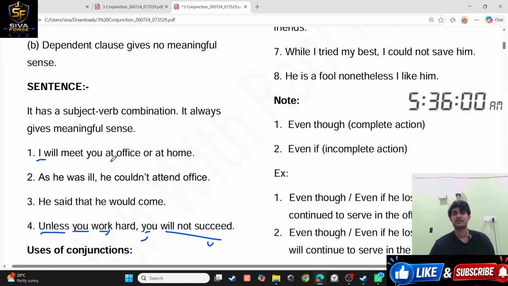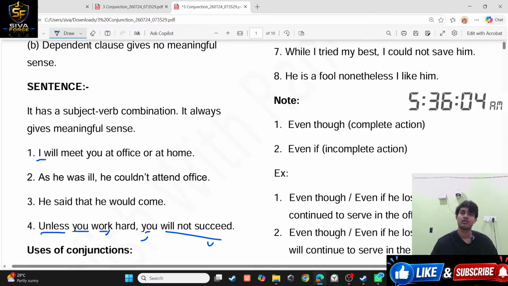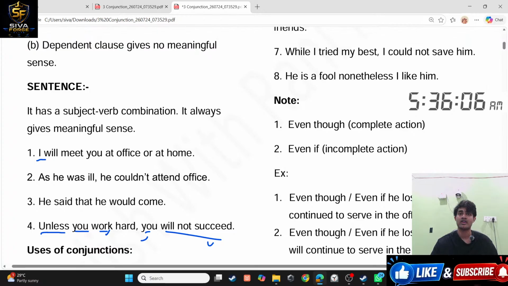Now, the use of conjunctions. Before that, there are different types of conjunctions, mainly coordinating conjunctions, subordinate conjunctions, and correlative conjunctions. First of all, what are coordinating conjunctions? Coordinating conjunctions are the fanboys.